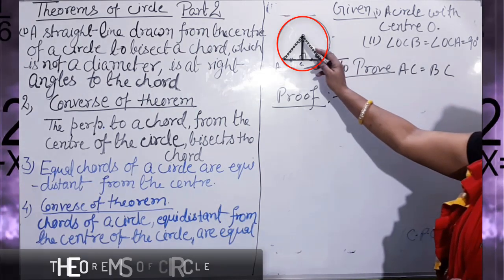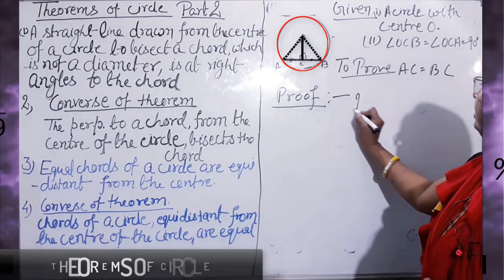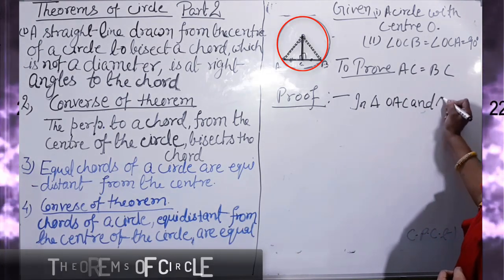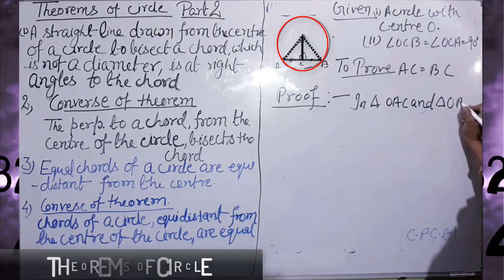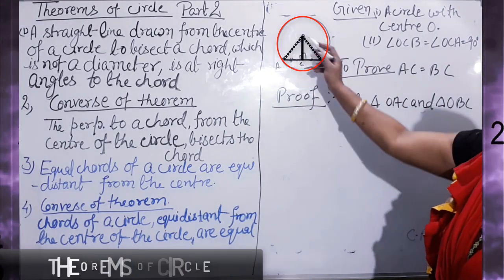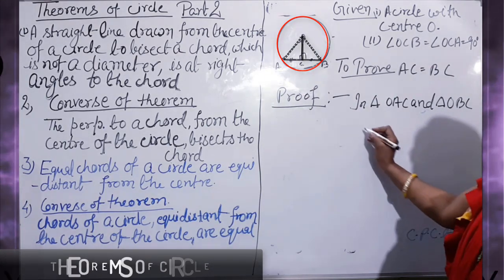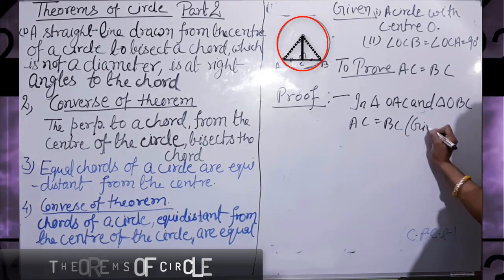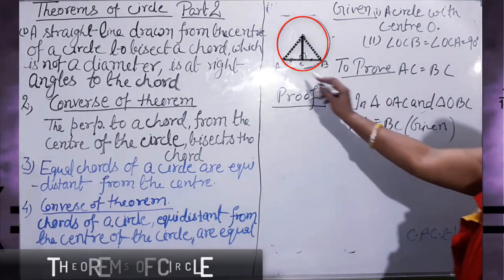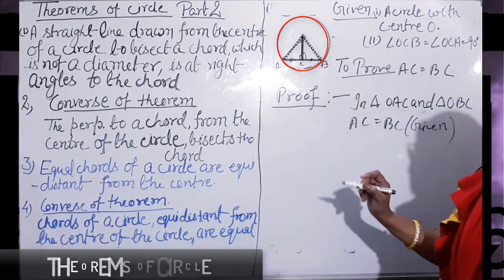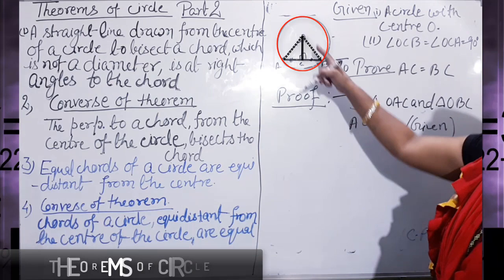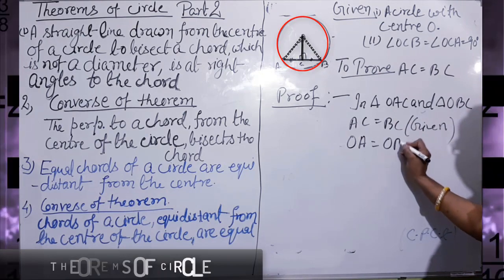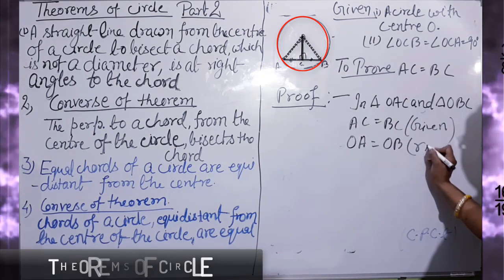Now prove. In triangle OAC and triangle OBC, radii are the same, so OA is equal to OB, radius.